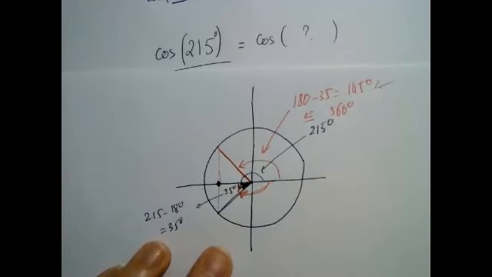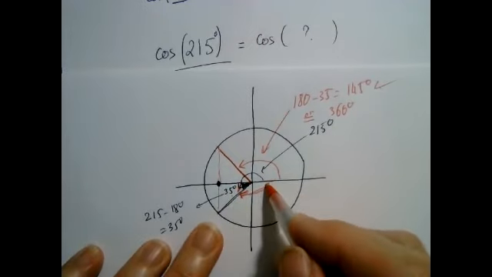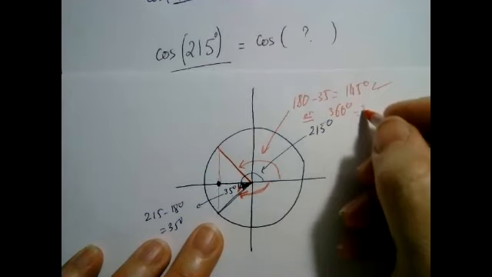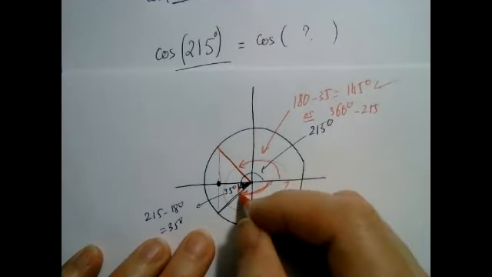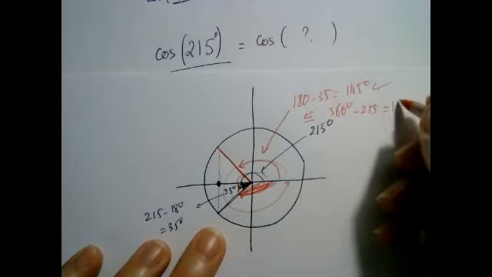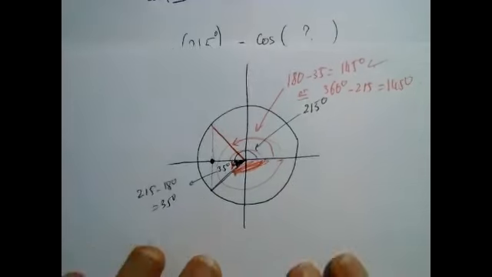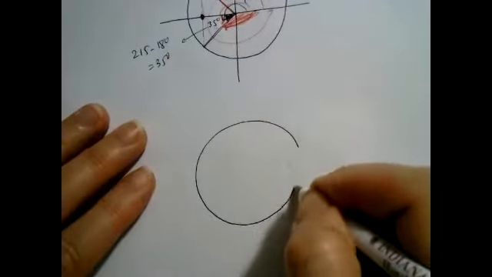So this is absolutely correct, but there is another way to do it. You take 360, and you take the 215 away from it, and you end up with this angle here, which is the 145. Okay, so I repeat because I think I confused you. So another way to do it is like that.